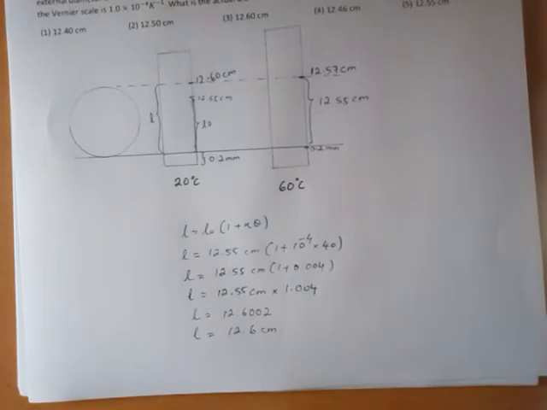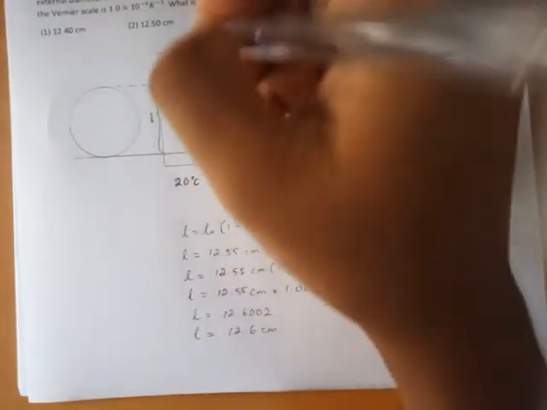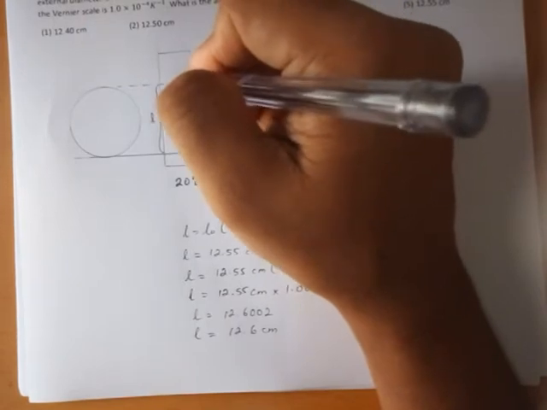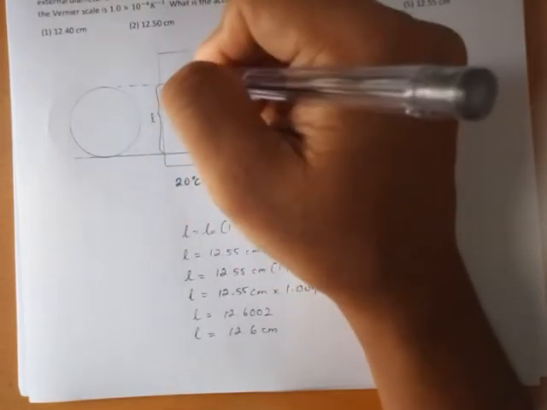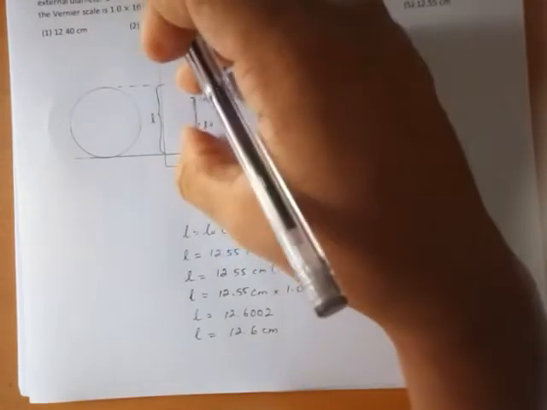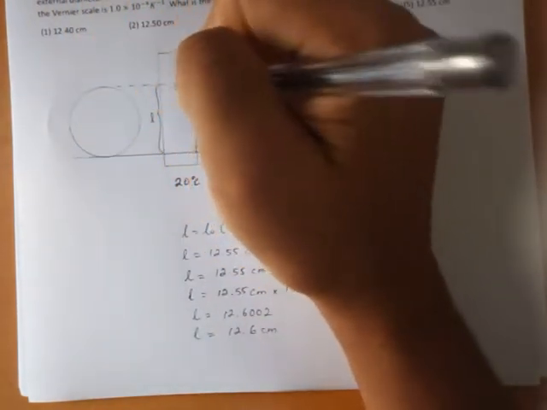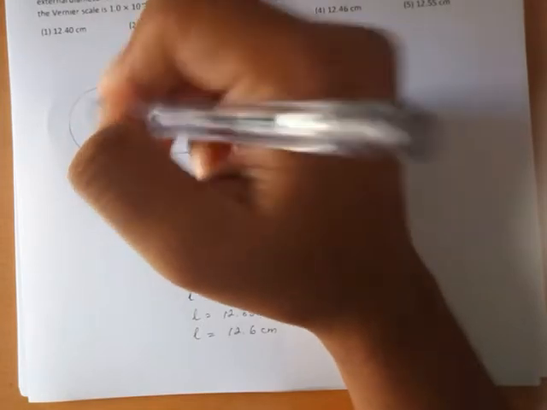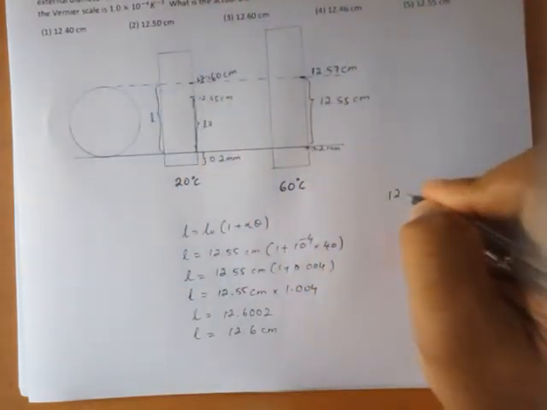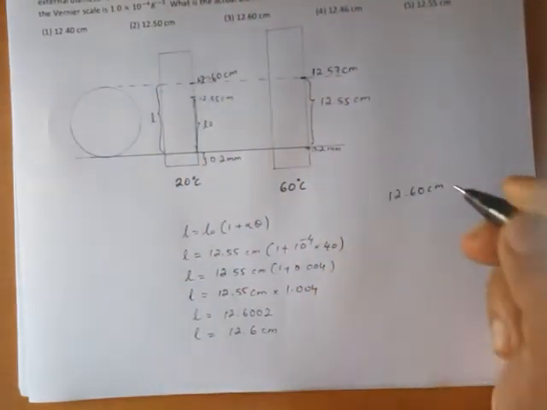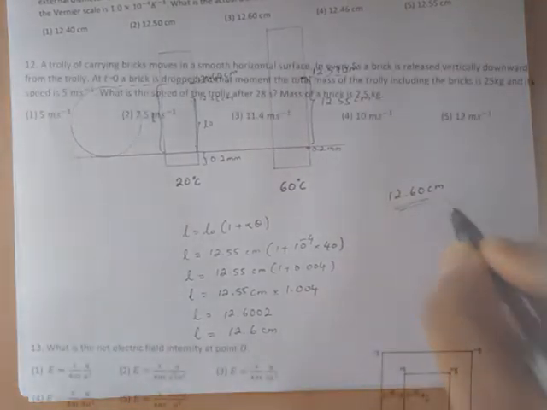Okay, so not actually this reading, I mean this length L. Then this length is 12.60, therefore this diameter is actually 12.60 centimeter. So that's the answer, the third one.